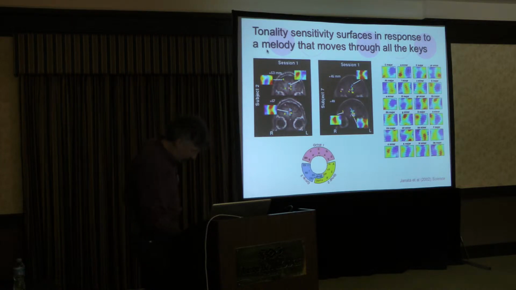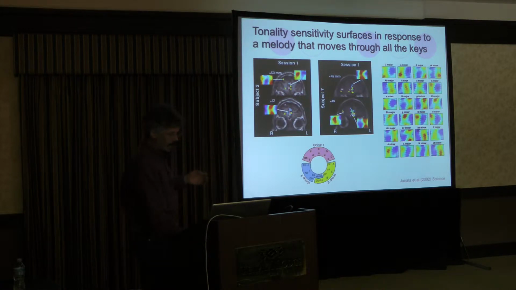It's just sort of the brief summary slide from this. What was the consistent result? So even though for individual subjects you could find various parts of the brain that were showing sensitivity to movement in tonal space, the most consistent result was that this region here, the medial prefrontal cortex, across sessions within individual subjects and for all subjects, exhibited this tonality tracking behavior.